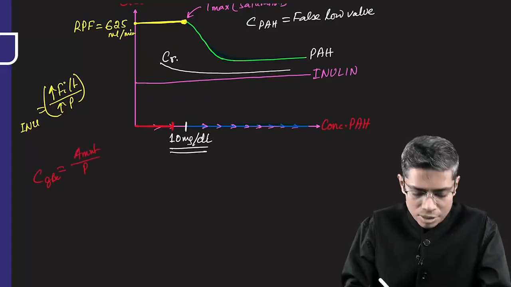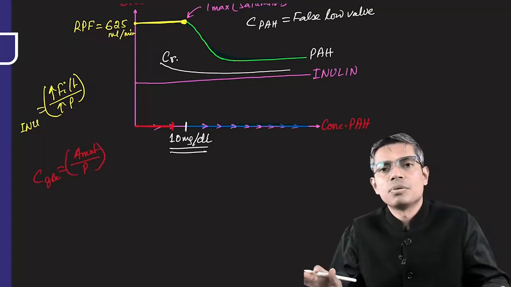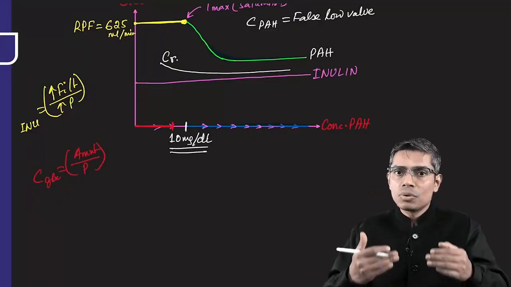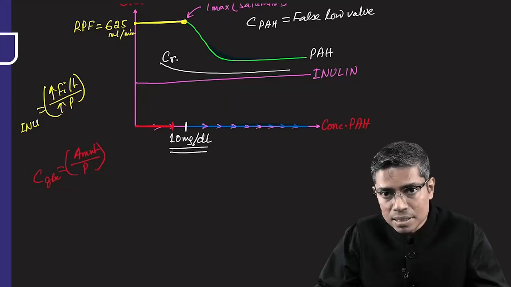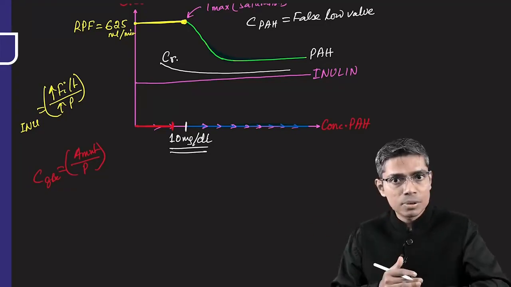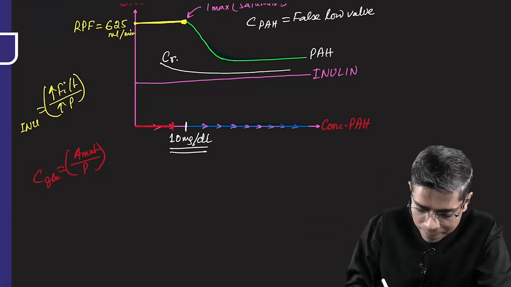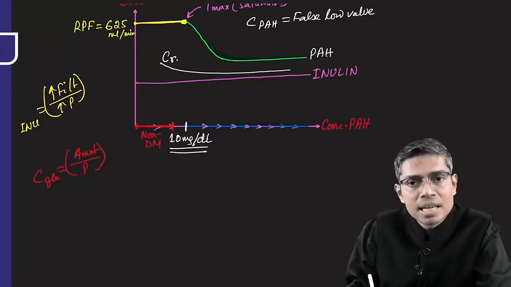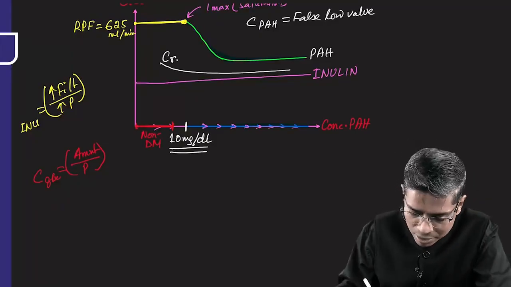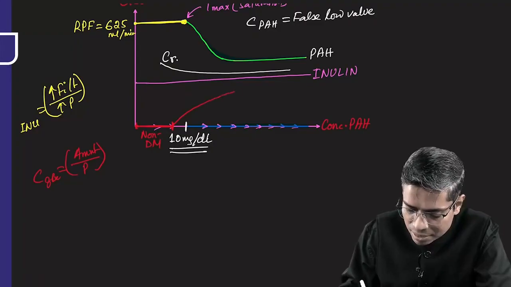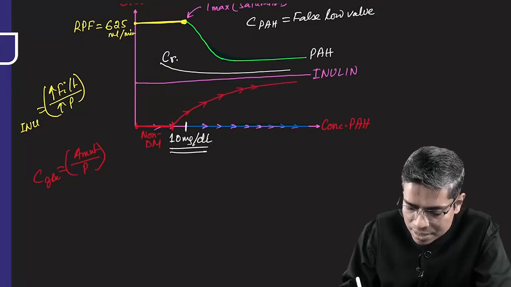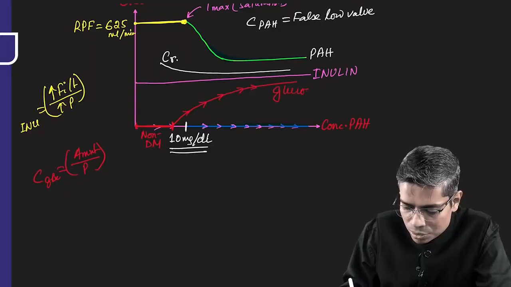So it is not 0, it is more than 0. The more the plasma glucose concentration in a diabetic person, the more will be the clearance of glucose. So in a non-DM person the clearance of glucose is 0, but in a diabetic person the curve will rise more and more towards the inulin curve. So this is the clearance curve of glucose, right?